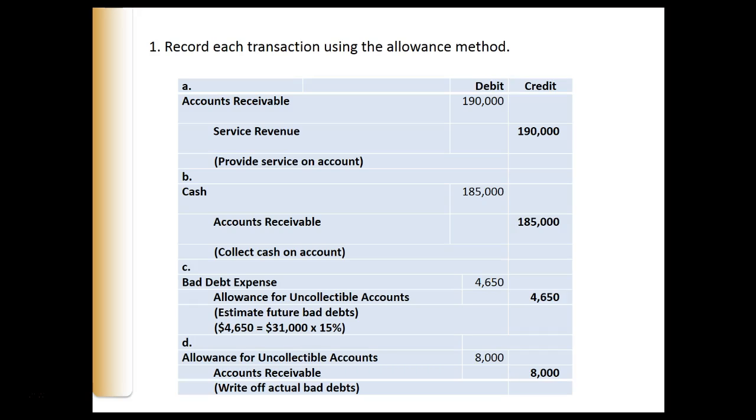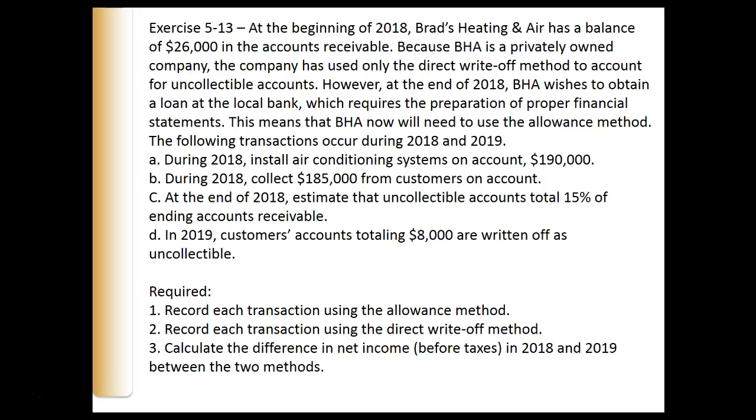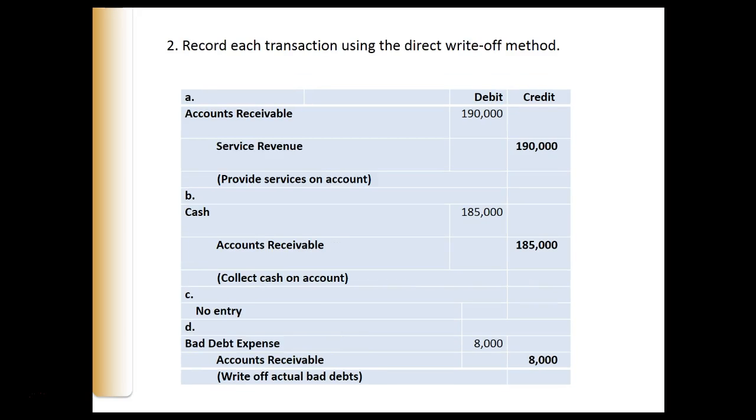Now we're going to go back and record these transactions using the direct write-off method. As you see here, the first two are identical. Accounts receivable, service revenue of $190,000, and then B is collecting the cash of $185,000.